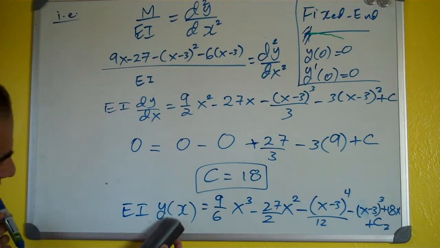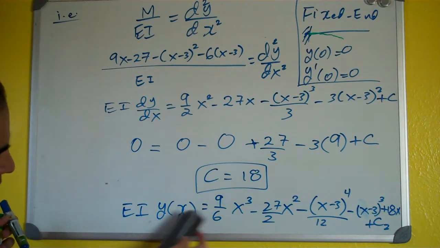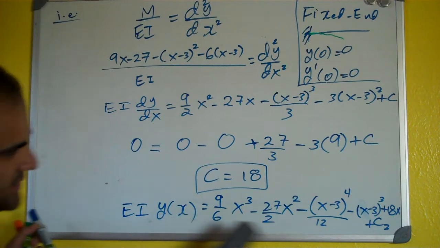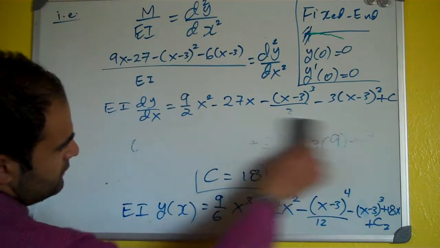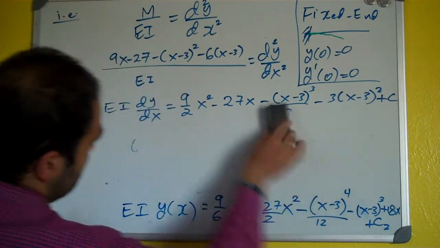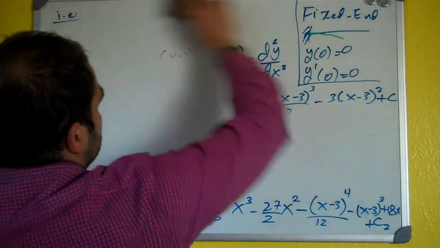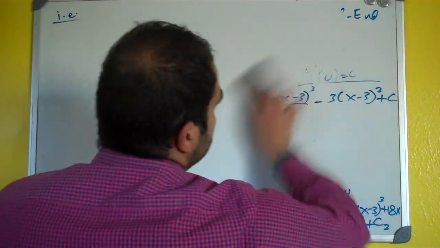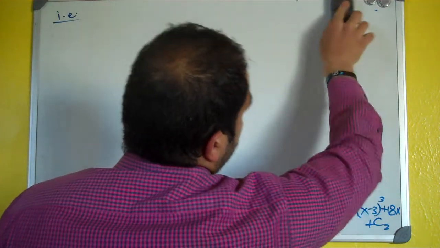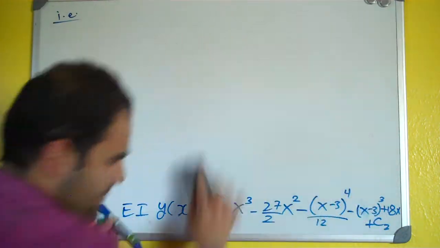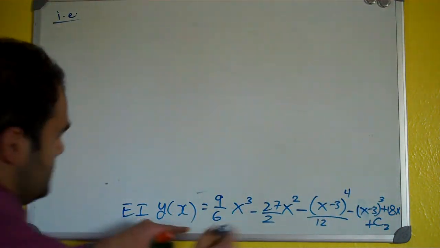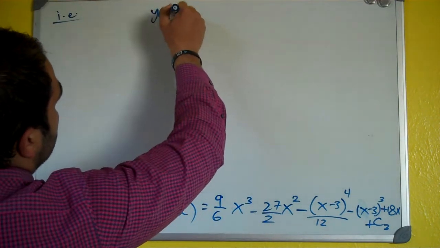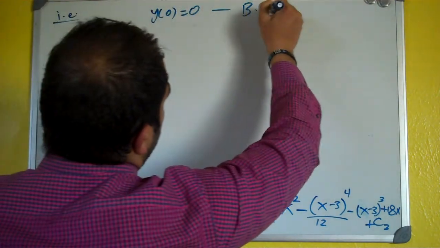So now we plug 0 in x to find out what C2 is. So y of 0 equals 0, that's your BC, remember?